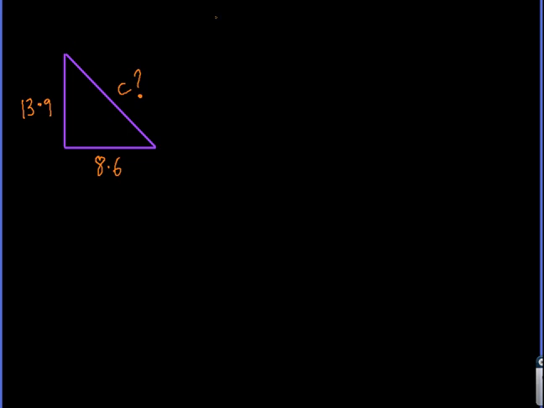Okay, so again, we're going to start by writing the formula, which is a squared plus b squared is equal to c squared. We know a is equal to 8.6, so we're going to write 8.6 squared plus 13.9 squared. I like to put brackets when I have decimals just to keep things tidy, but you don't really need to.